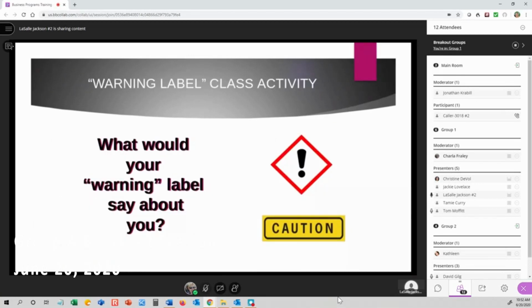Basically, the first thing that I talk about with the students is, get a sheet of paper out. And for those individuals who would prefer to use the huge sticky sheets of paper, sometimes I'll have them do that. What they are to do from this point is develop what would be known as a warning label for themselves. What would your warning label say about you?